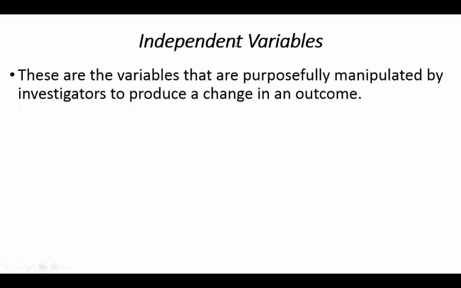So independent variables are the variables that are purposefully manipulated by investigators to produce a change in an outcome. So this is something that I am imposing on the subjects to change the outcome.